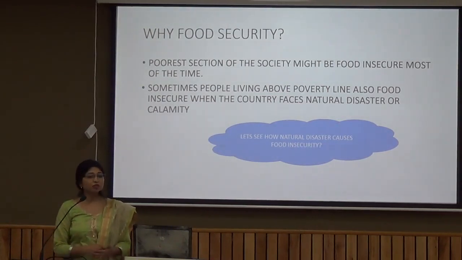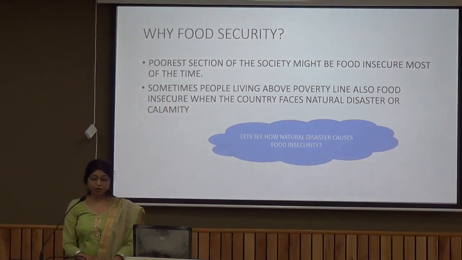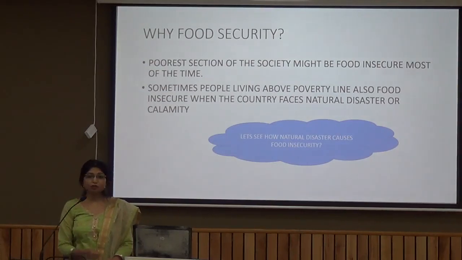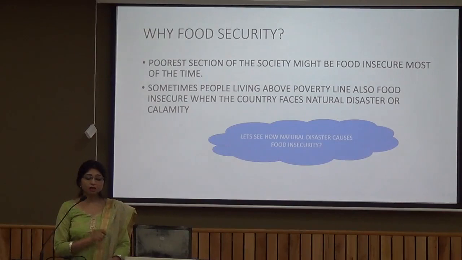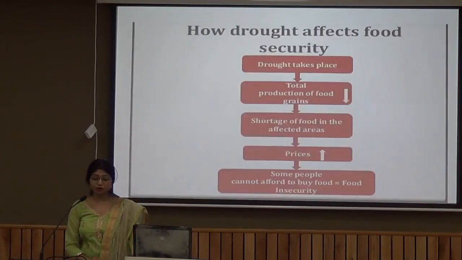At that time, even a wealthy or well-off person faces food insecurity, with less food, or they are not able to feed themselves. So that's why for those days we need food security, we need food to be here in the country in enough amount. Let's see how natural disaster causes food insecurity in the country.